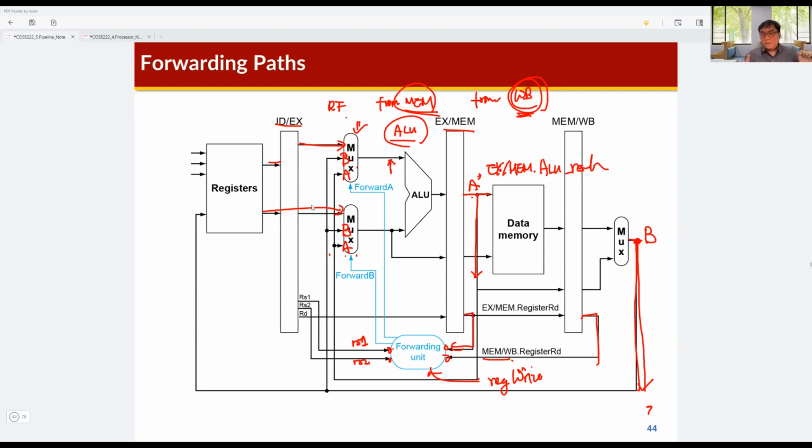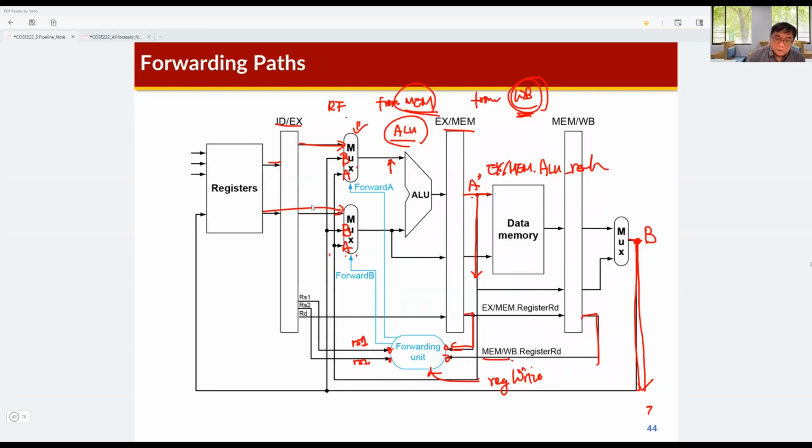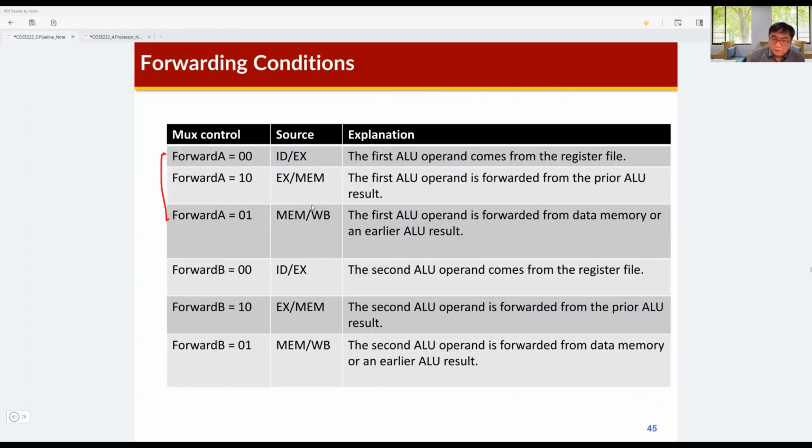But building a forwarding path is a little bit tricky compared to building the basic pipeline architecture. So this slide summarizes the multiplexer selection signals, which source input is selected for this multiplexer, and what the condition is.